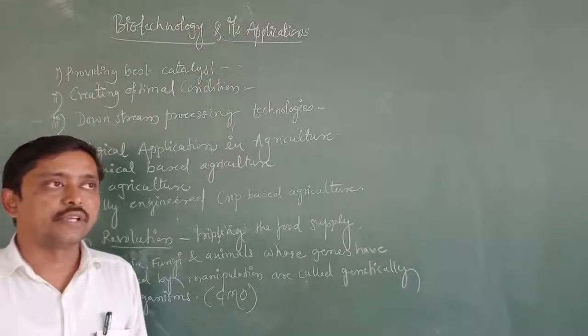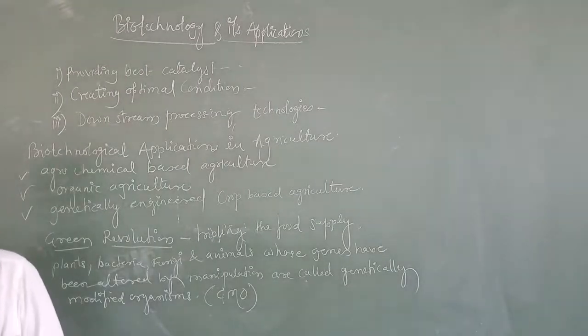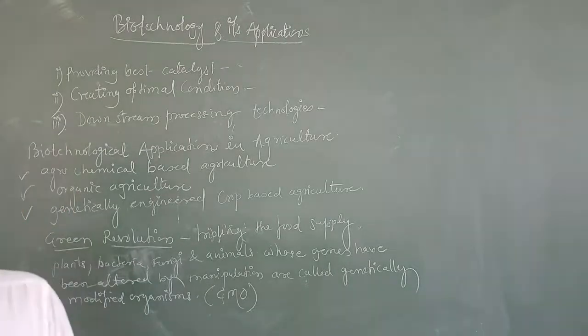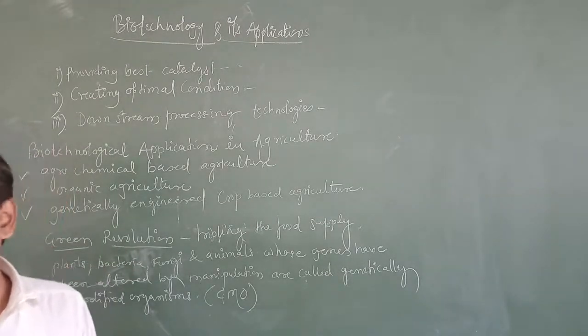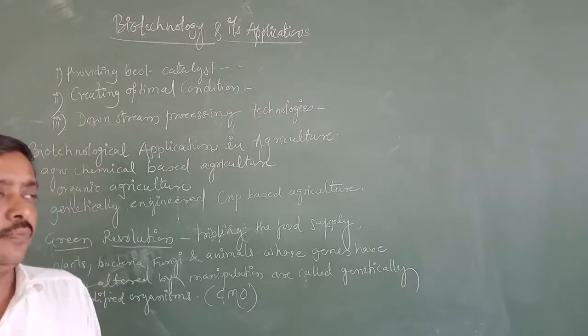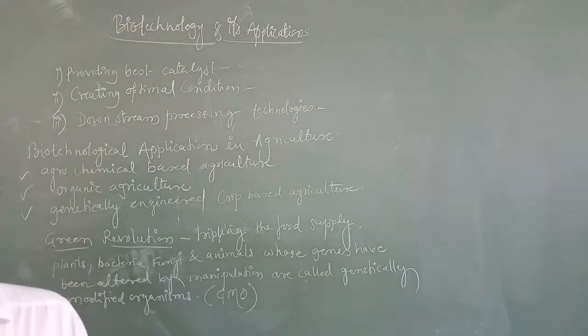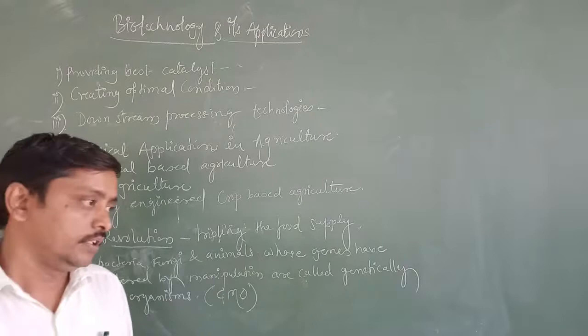After the palindromic sequence, what else have we studied? We studied the diagrammatic representation of recombinant DNA technology. Then we went for the separation and isolation of DNA fragments. There we studied gel electrophoresis, the steps involved, and the matrix used, named agarose gel.